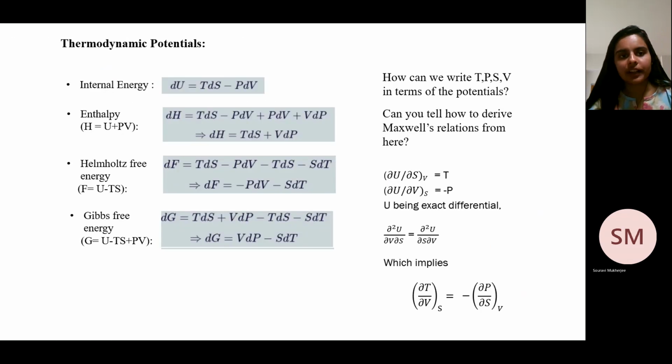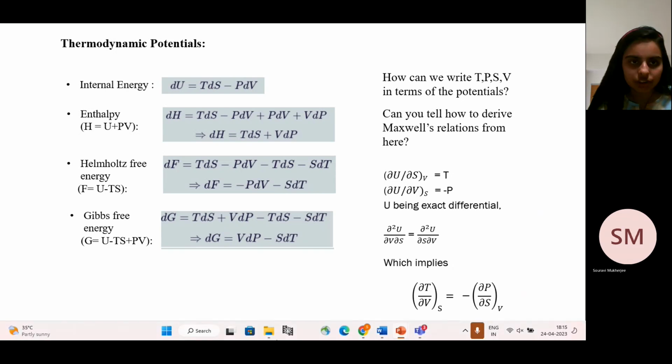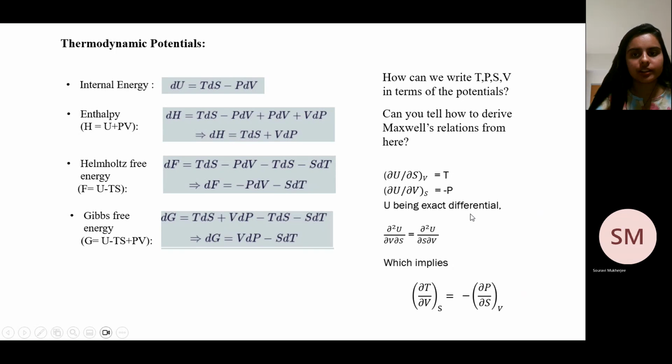And how can one define the Maxwell's relations? One can define them starting from some potentials. You have to remember that the potentials are exact differentials. So if you use that property, you can start from any thermodynamic potential, either the internal energy, the enthalpy, the Helmholtz free energy or the Gibbs free energy, and you can derive the different Maxwell's relations.